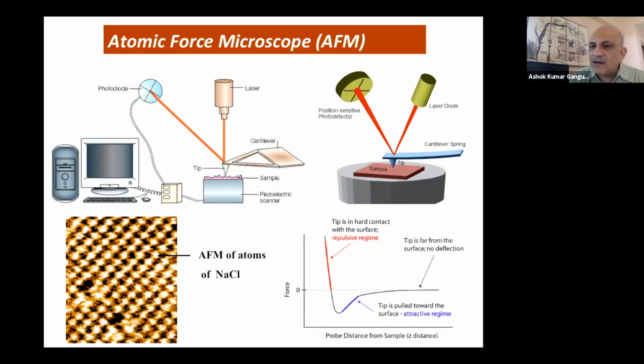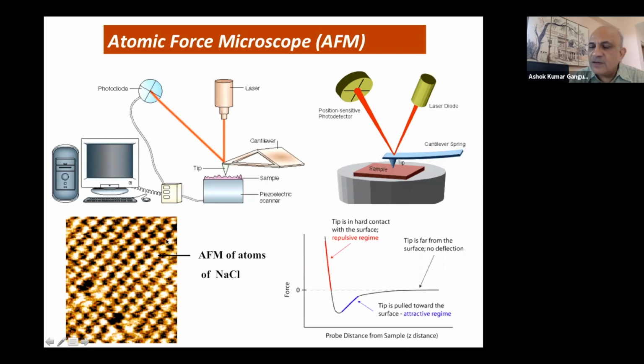You cannot imagine how small this force is. But still, the detector is so powerful that it detects even that small movement of the cantilever. And then we have some equations to convert the position where this reflected laser beam falls to the force on the surface. We can calculate that, and based on that we can make a map.